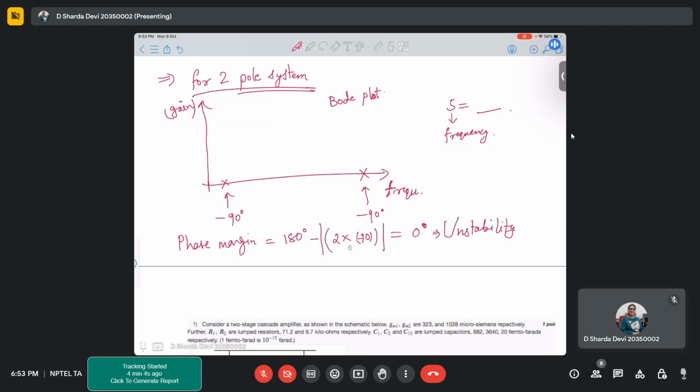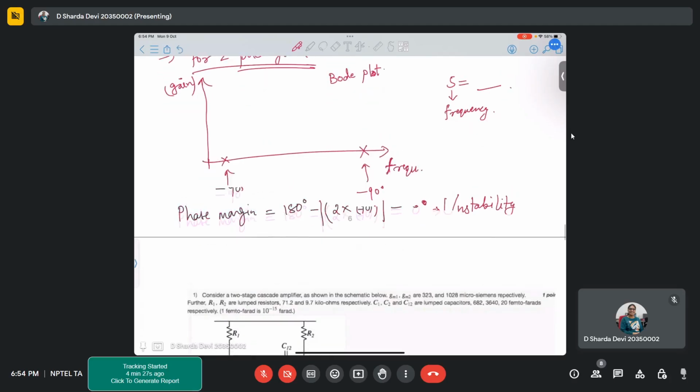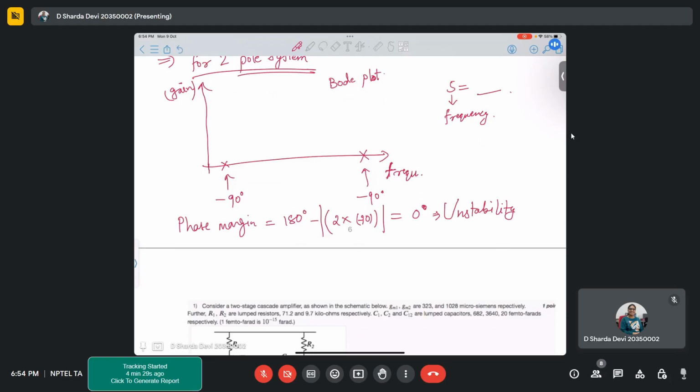But in a practical scenario, a pole can never give you a complete 90 degrees when there are two poles. 90 degrees means there is no interaction with the second pole. So you can imagine how far your second pole should be such that there is no interaction. So two-pole systems are most of the time stable.